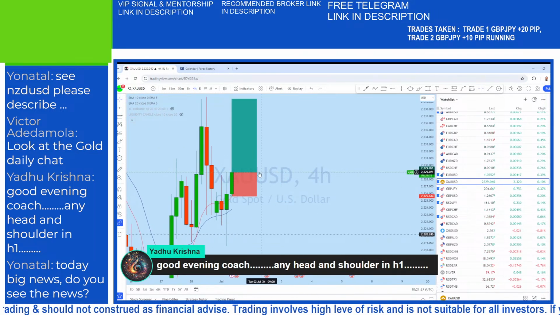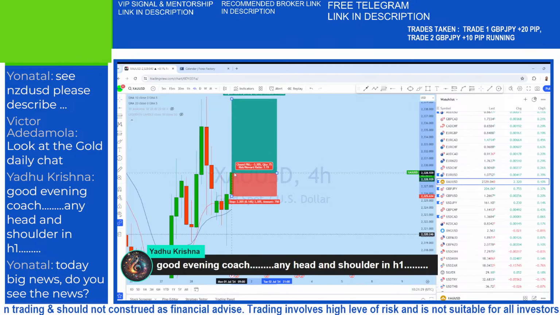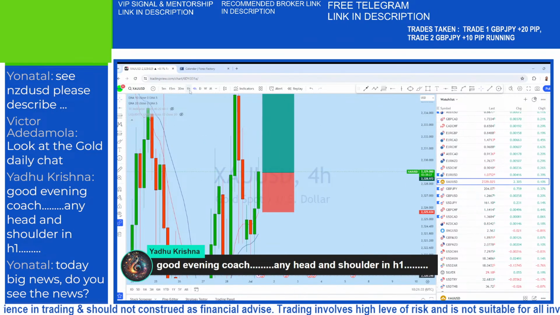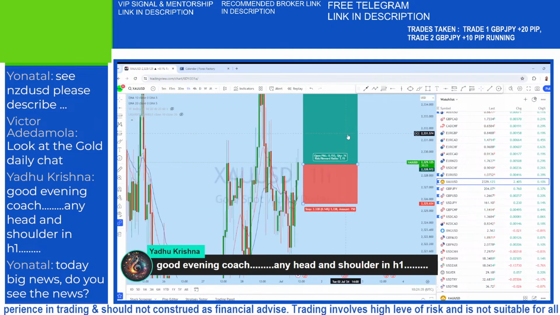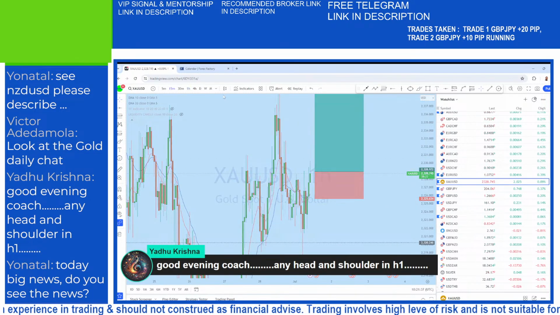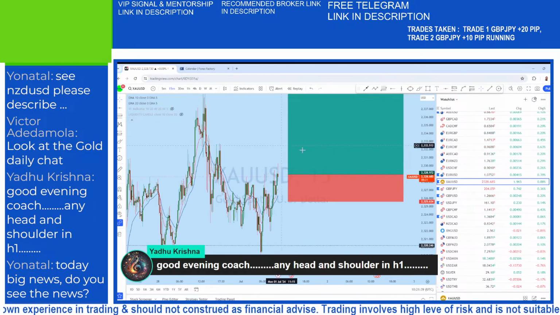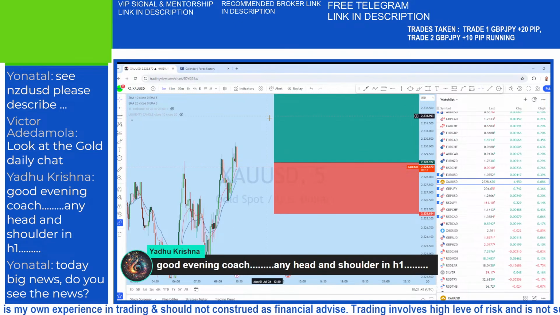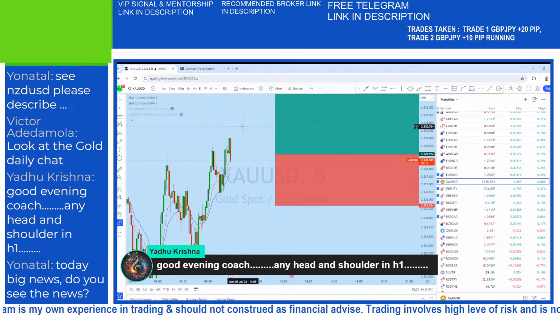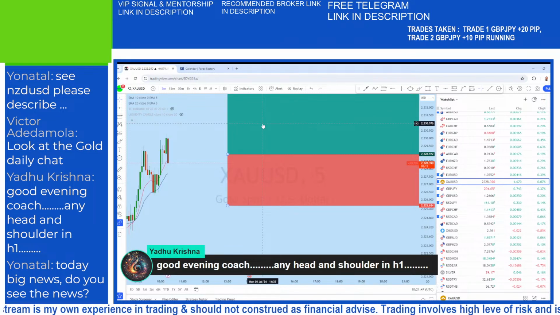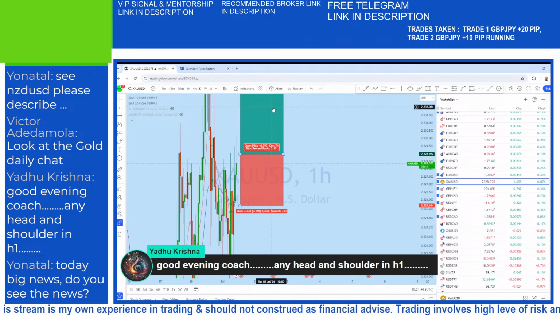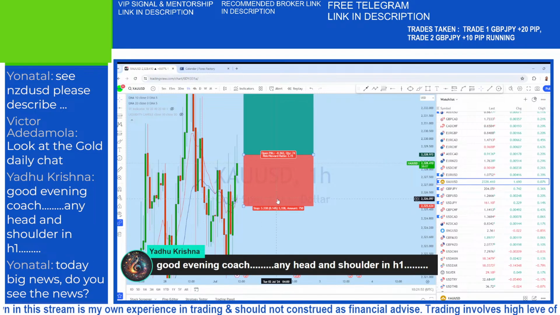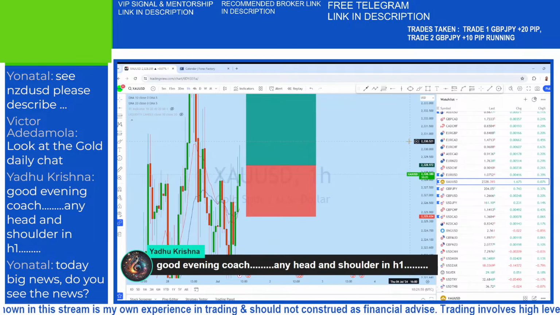A little bit of rejection, which is a correction. I don't want to see it breaking below again, but let's see. We might see a deeper pullback, but the trend is up.